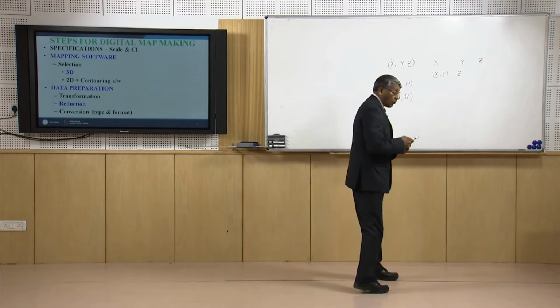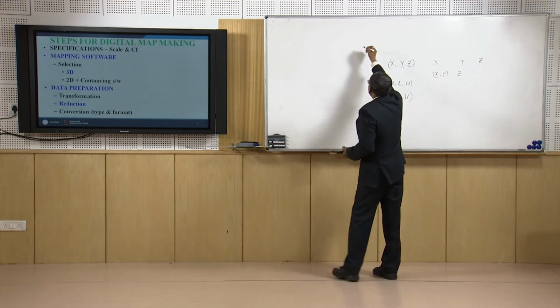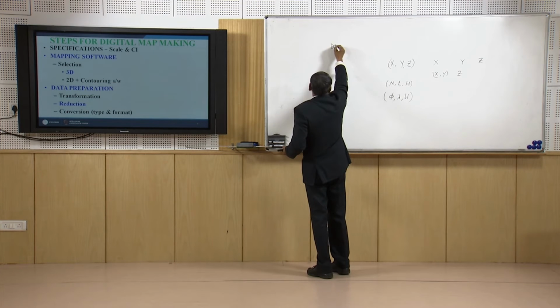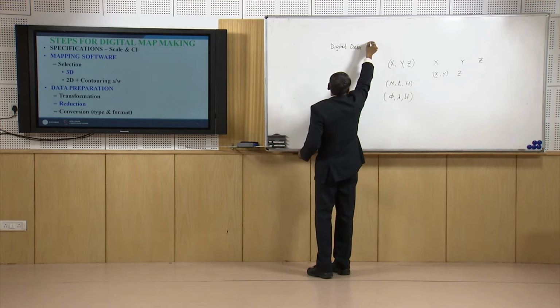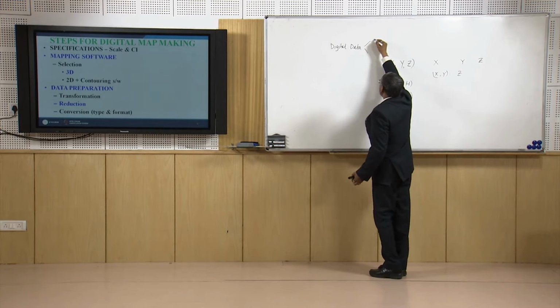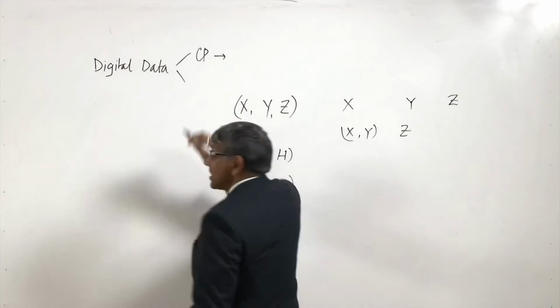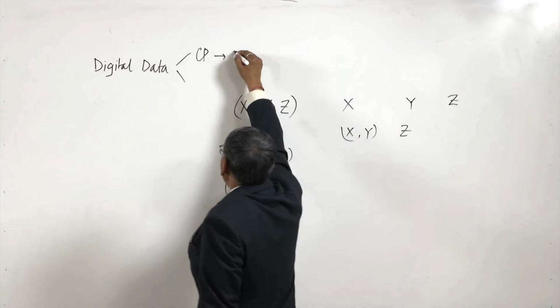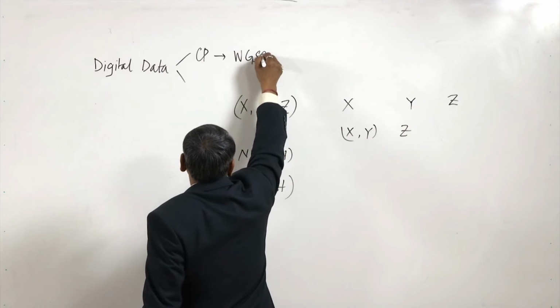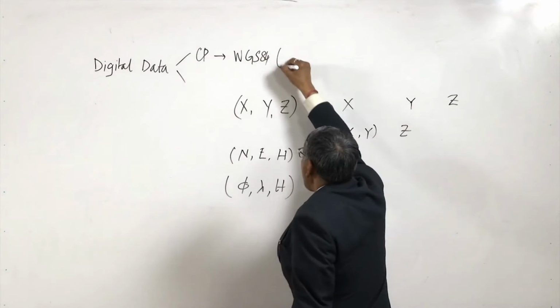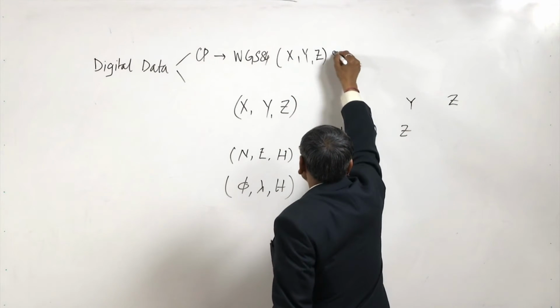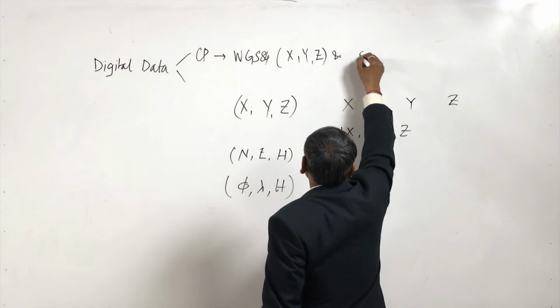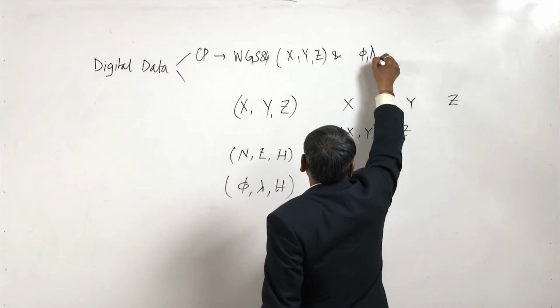There is one more thing: we would like to have our data as digital data. As we have discussed, we will get the control point data using GPS, where we get the data in the WGS 84 coordinate system, and WGS 84 provides us the location in XYZ and lambda phi h.